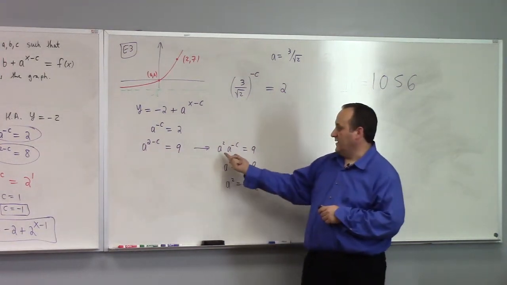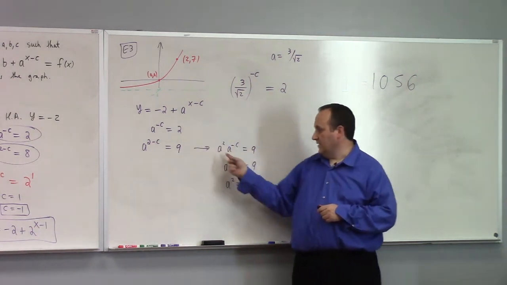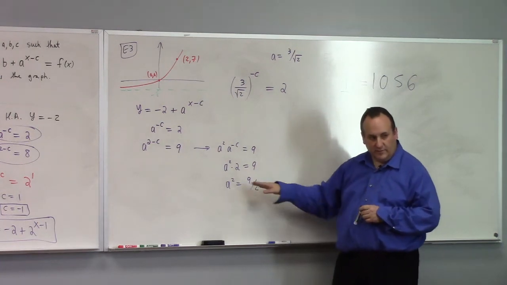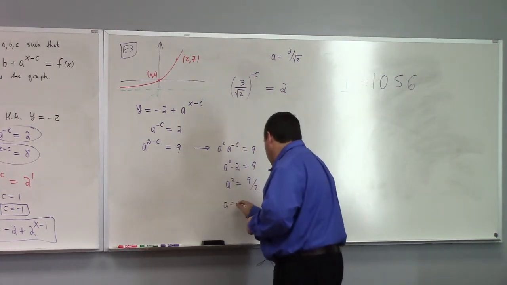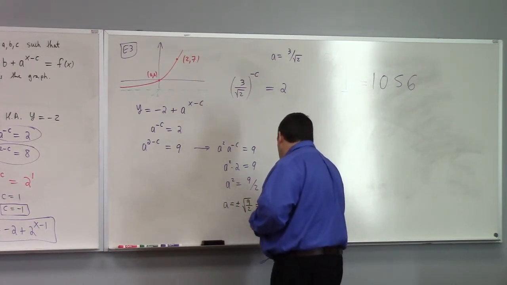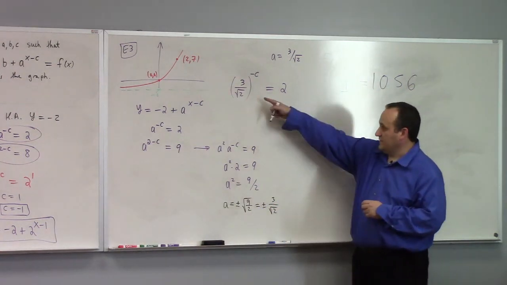Then I pull out a squared times a to the minus c. A to the minus c is still equal to 2. I plug that in. That gives me a squared is 9 over 2. I take the square root of both sides, plus or minus. I get a is plus or minus the square root of 9 over 2. But that's equal to plus or minus 3 over root 2.